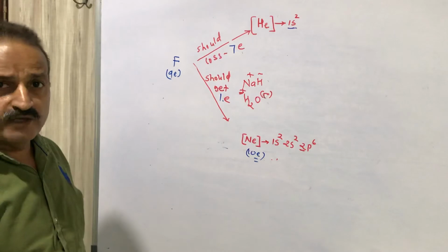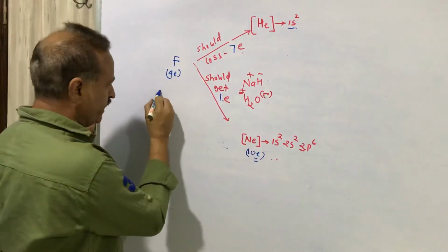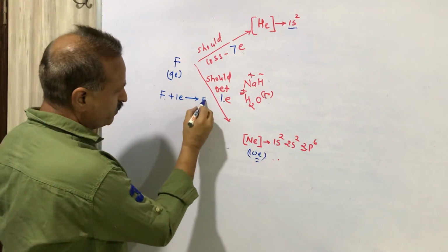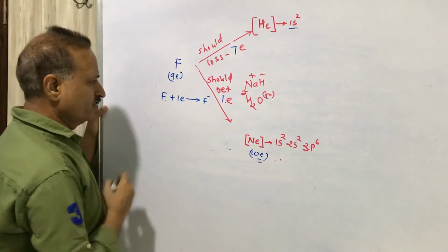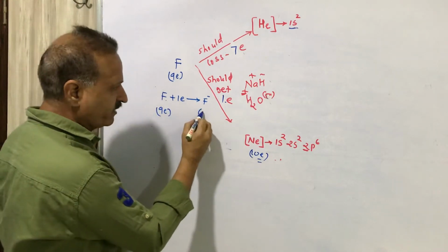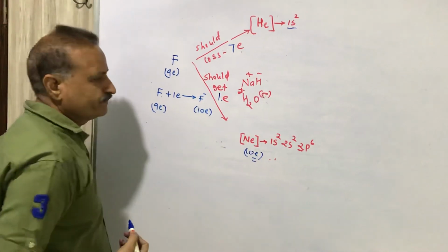Very easy to get 1 electron. So fluorine will get 1 electron and convert into fluoride ion. So this fluorine has 9 electrons and this fluoride ion has 10 electrons.